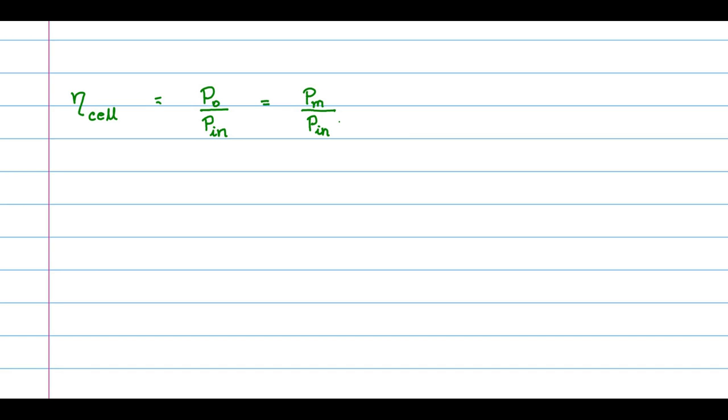And what is Pin? Pin is nothing but the insolation, which is given in kilowatt per meter square, into the total area of the cell or the cells.